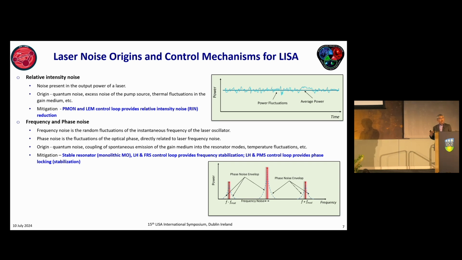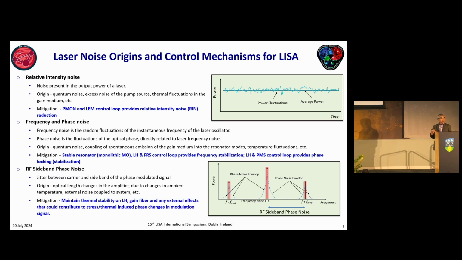Then you have the frequency and phase noise, which can also be contributed by some of the wind noise that was mentioned in Lano's talk yesterday. The mitigation on this is using a stable resonator as the main oscillator, and also multiple control loops within the laser head and the FRS for frequency and phase stabilization.